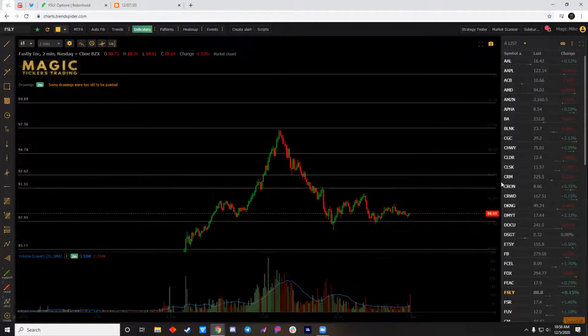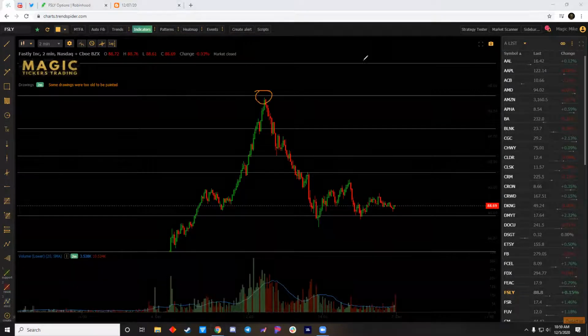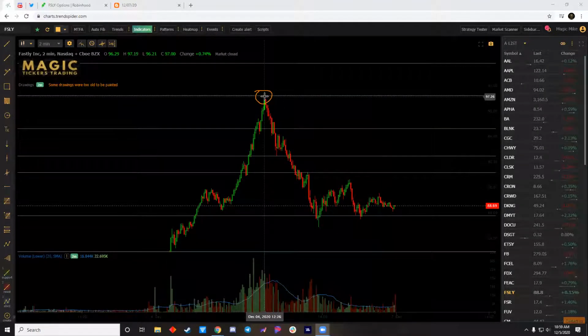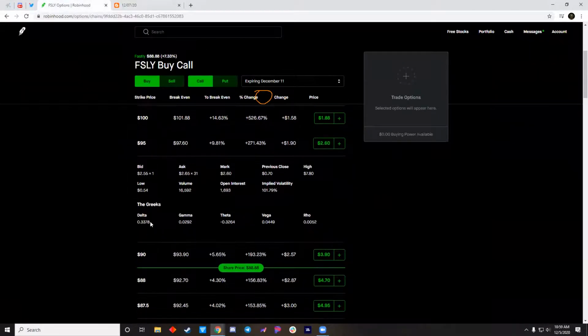But let me just break down this option gain that you would get if it plays these option price targets. So let's say we get all the way up here to this price target. That move from 91 to 97 is what, $6. So you're going to get $6 times your 33.